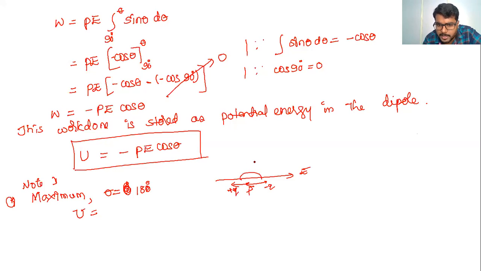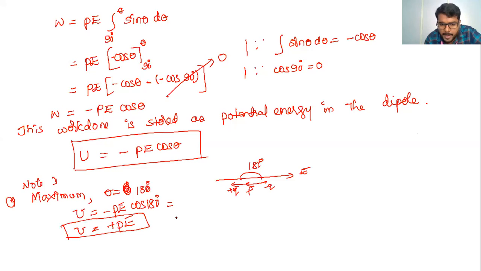So the angle theta is equal to 180 degree. Then U is equal to minus PE cos 180 degree. Cos 180 degree is minus 1. Therefore, U is equal to plus PE. So this will be the maximum.